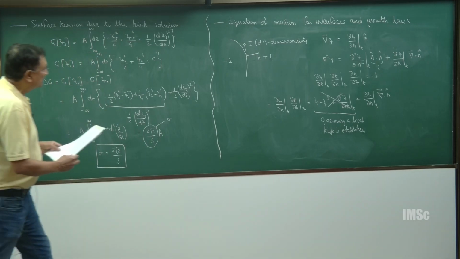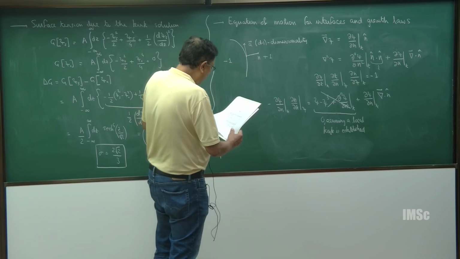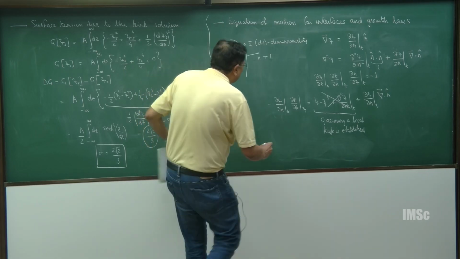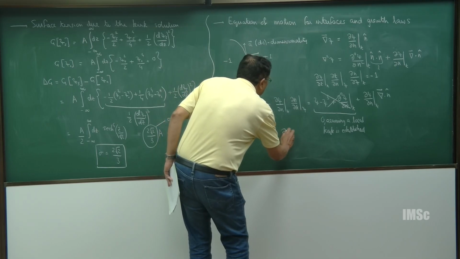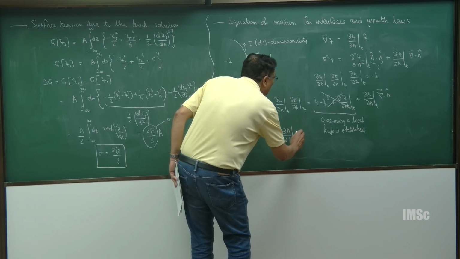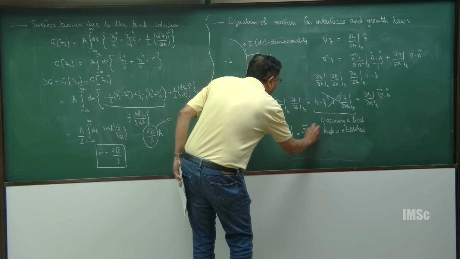Okay. Cancel del psi by del n from both sides, and you find the final equation I am after, that del n by del t at constant psi is equal to minus divergence of n.